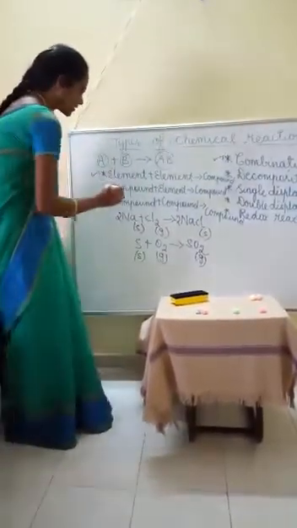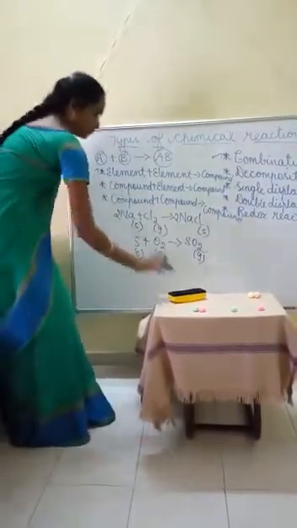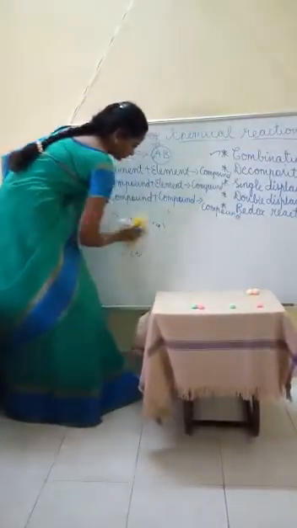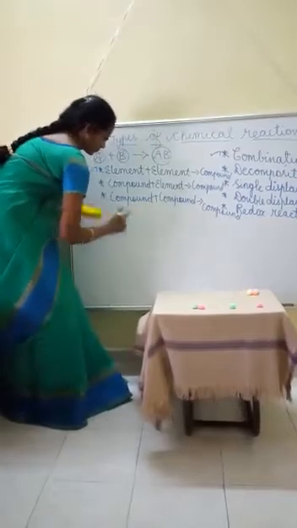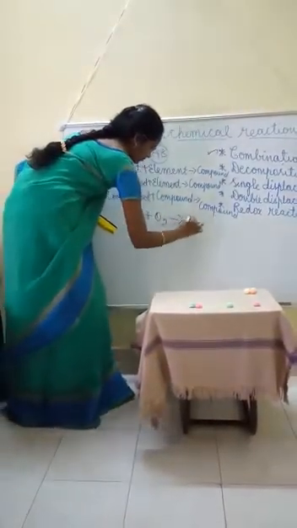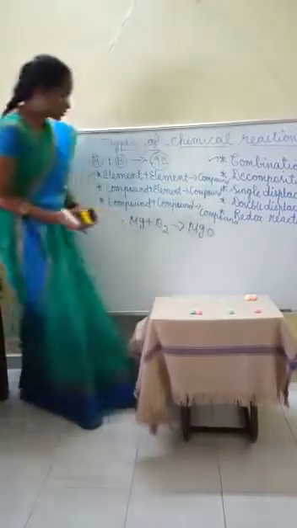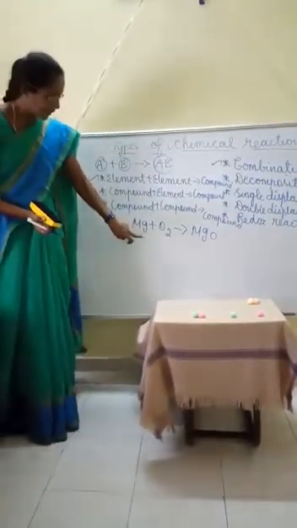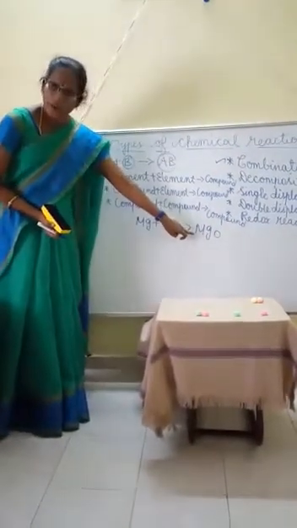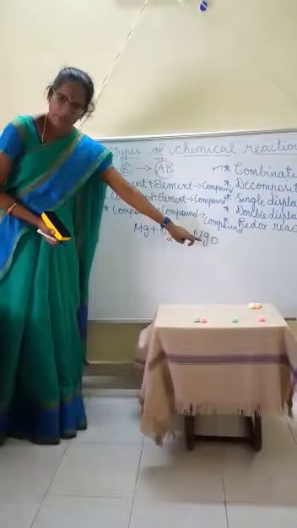One more example we can see now. So this is magnesium. Magnesium, when it reacts with oxygen, the product we get is magnesium oxide.